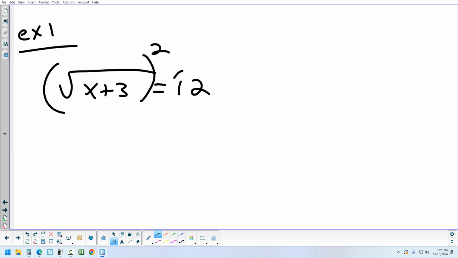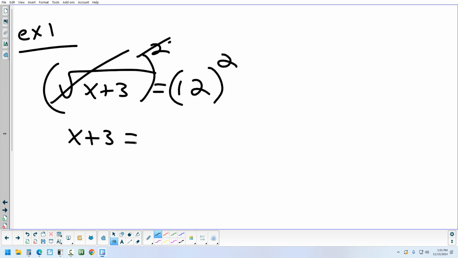So square. What happens when you square and square root? That cancels out. What does that leave you with on the left? X plus 3. And what does that leave you with on the right? 144. You're left with 12 squared, which is 144.